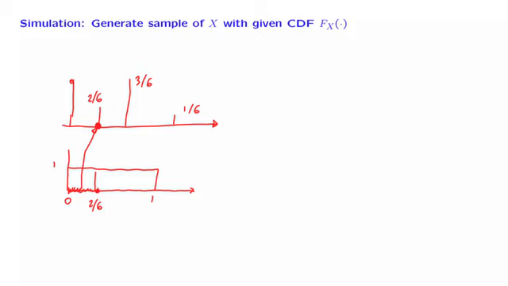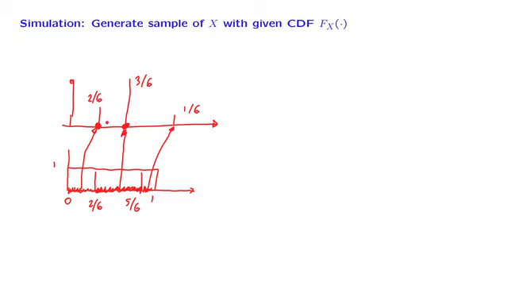Then I take an interval of length 3/6, which takes me to 5/6. And if my uniform random variable falls in this range, then I'm going to report that value for my discrete random variable. And finally, with probability 1/6, my uniform random variable happens to fall in here, and then I report that random variable.